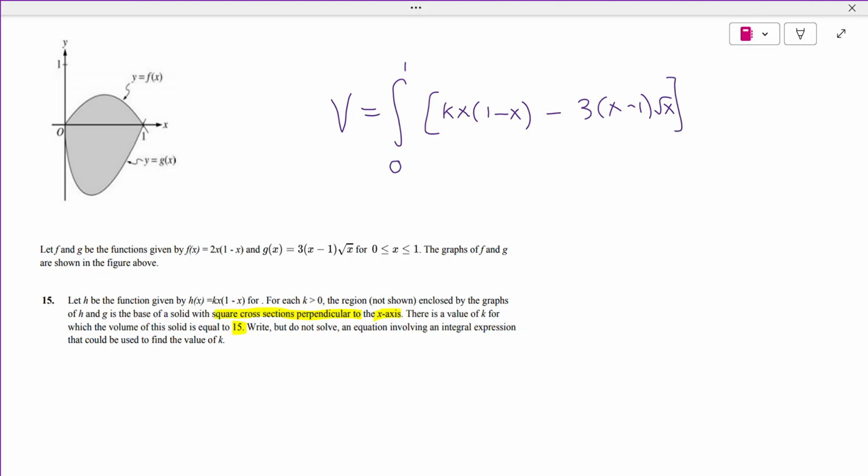This is all squared because the cross sections are squares. The volume equals 15. So if you solve this equation, you get the value of k. But we don't need to solve for k.